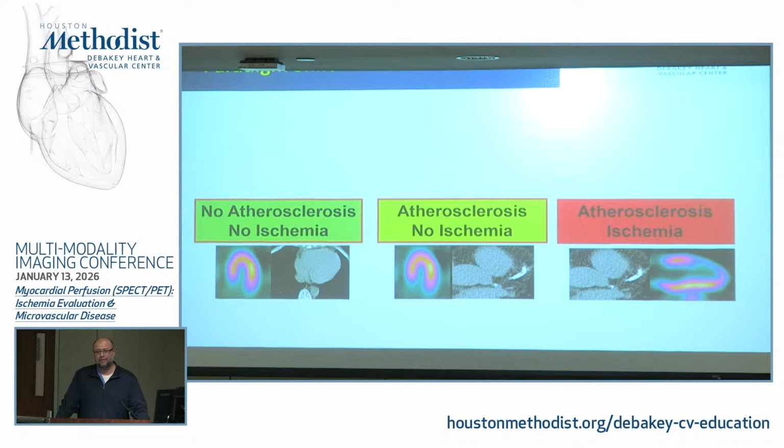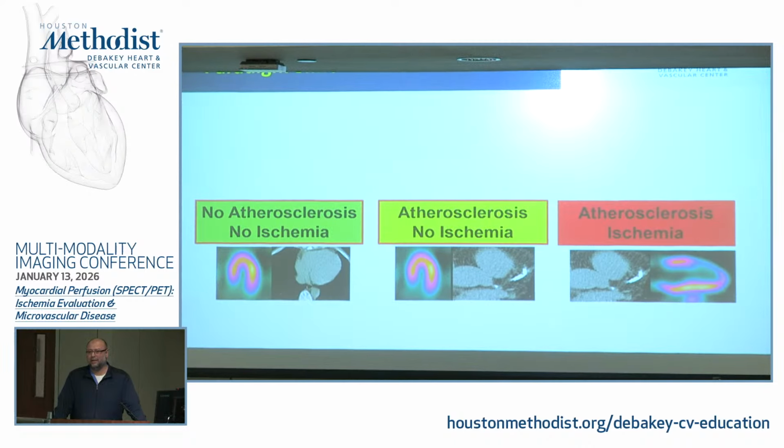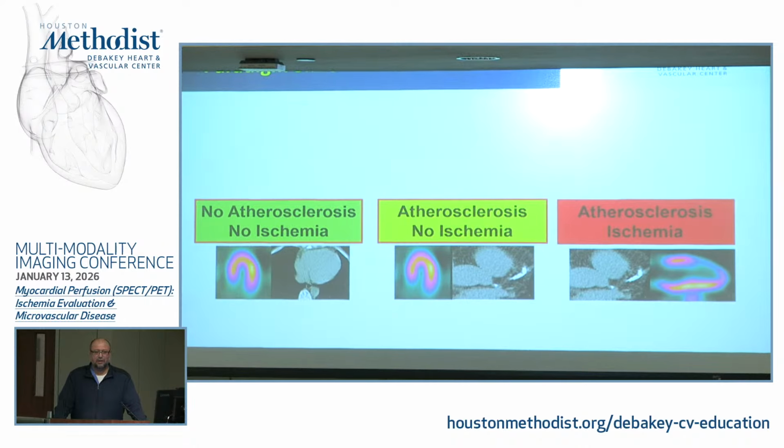I think this is a very important notion, and you can look at atherosclerosis by just looking at the CT for attenuation correction. You can see if there is calcium. Obviously, you might miss some mild calcification, but here we also add a dedicated calcium score as part of the test.